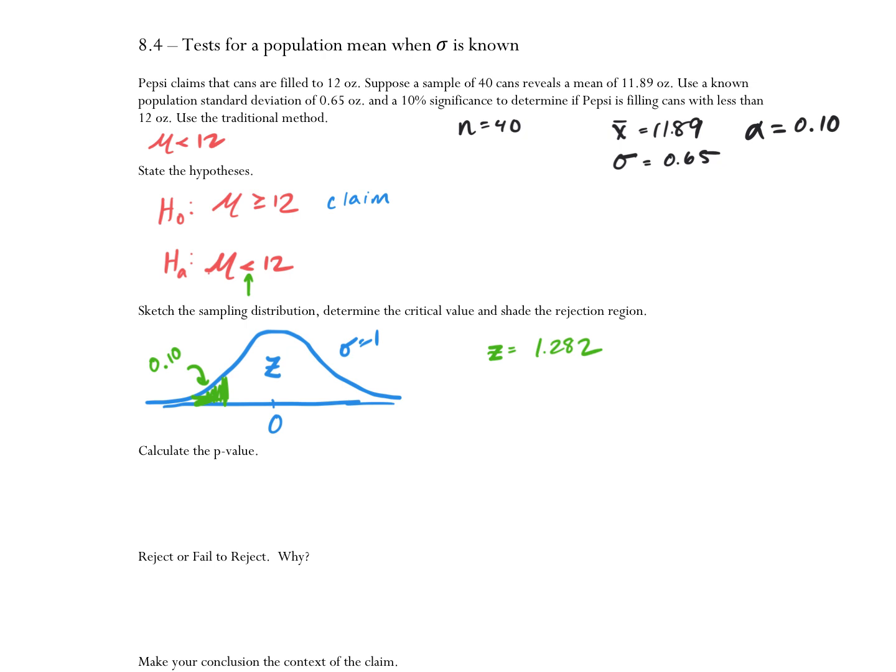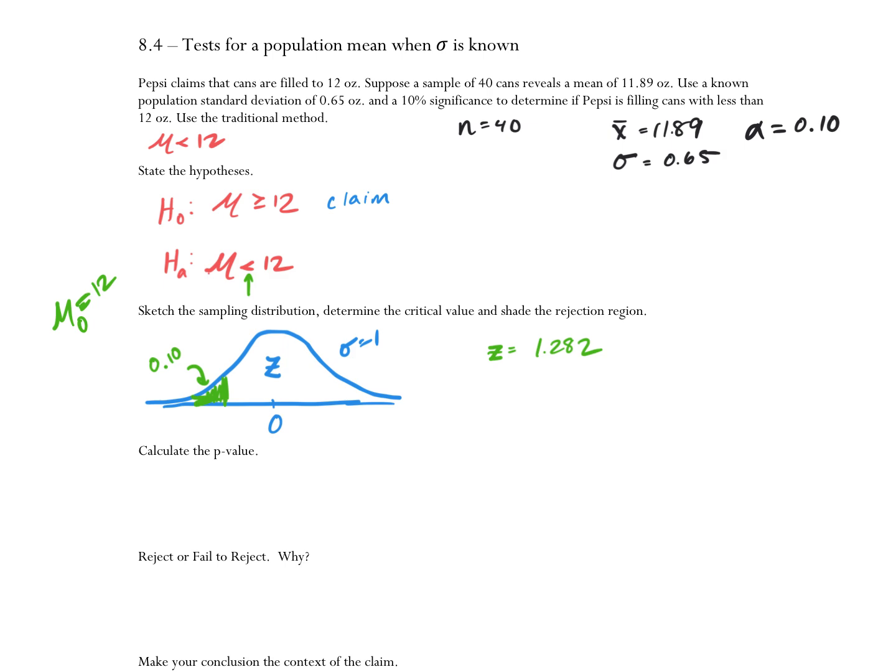What am I going to fill in for that mu 0? No, you guys, it's asking for the null hypothesis. What does our hypothesis say? The mu sub-zero is what mu is equal to in the null hypothesis, and that is 12. So mu sub-zero would be 12.